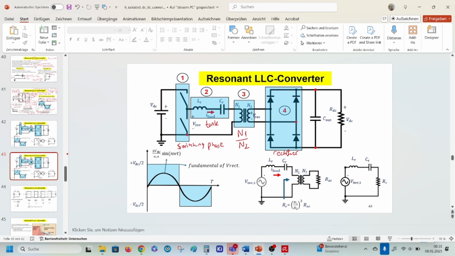Maybe we can use also here a little portion of inductance, but it's not necessary.